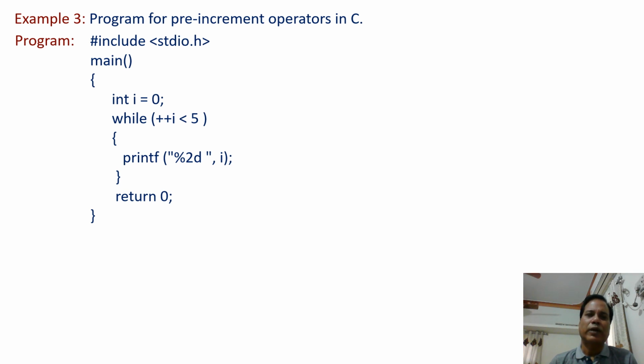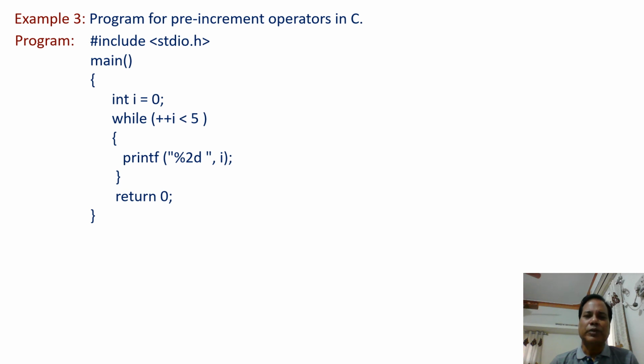Then main, open and close parenthesis, name of the function. Then within open and close brace, here we find that the first statement is the declaration of the variable. So using this first statement, int i equal to 0, variable i is declared as well as its initial value is set as 0.